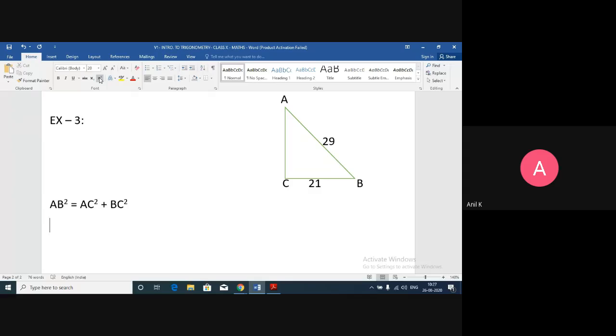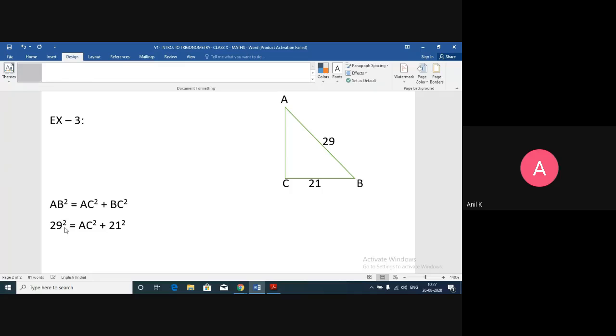Now AB value is given as 29, so it will be 29 square equals AC square, which is unknown, plus BC value 21, so 21 square. I am solving it once for those who have doubts on how to use the Pythagoras theorem. Those who already know can try in their notebook now itself and give the final answer. So 29 square will be, any idea? 30 square is 900. I think 29 square is 861.